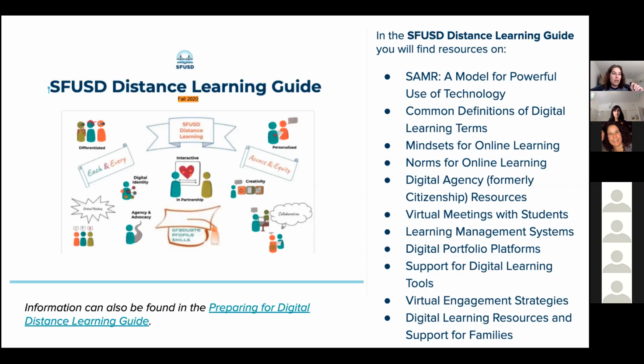If you wanted to get to the virtual meeting with students link that's in your toolkit, that's there. If you wanted digital learning resources and supports for family, it's there. So everything is there. It's a big document, but it's really easy to look at.